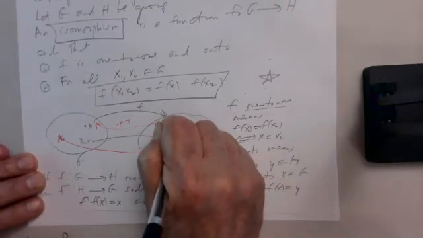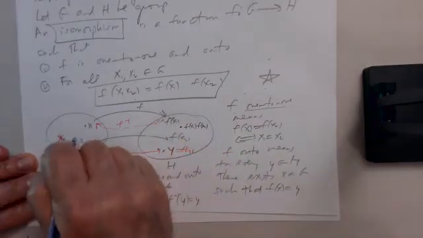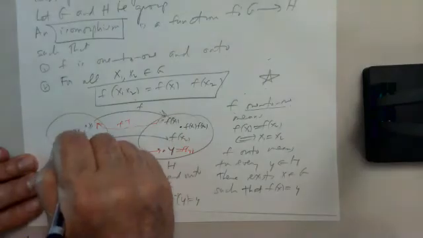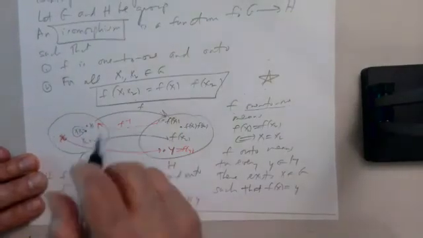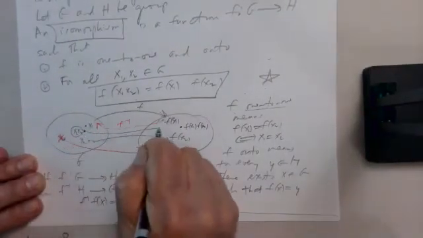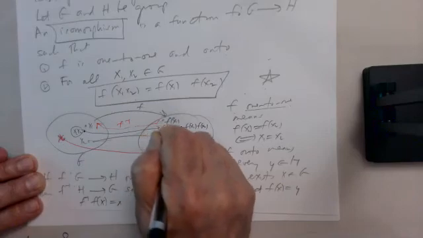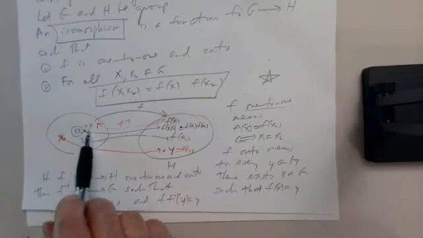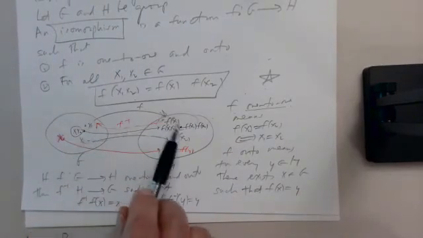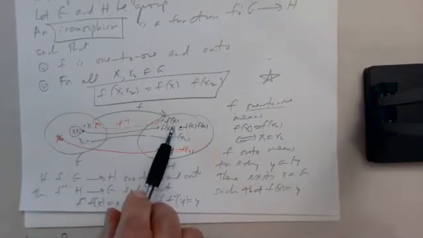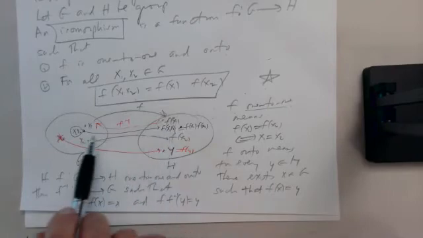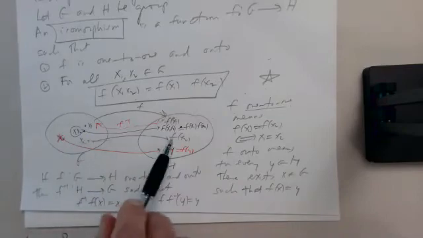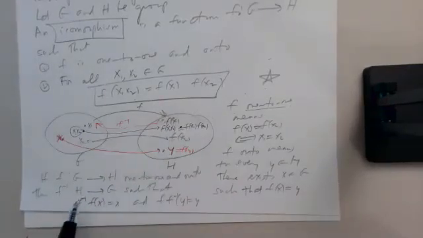You missed it. Back here, I could have multiplied x1 times x2, and what that gets mapped to is f of x1, x2, which is equal to this. So if I take two elements here, multiply them and transfer them to H, I get exactly the same element as if I just took x1 and mapped it to H, x2 and mapped it to H, and then multiplied over here.